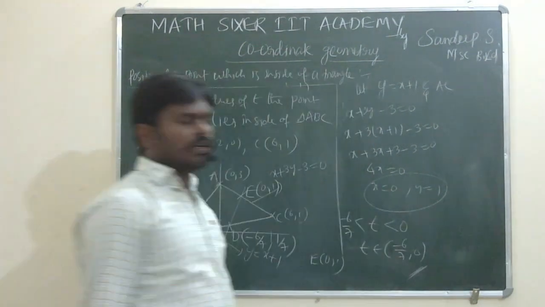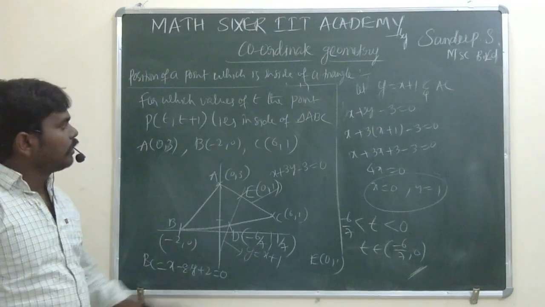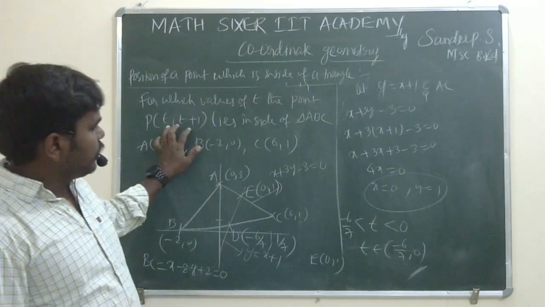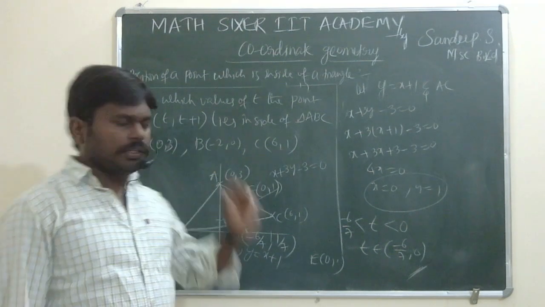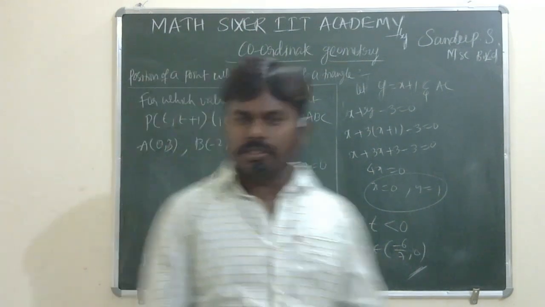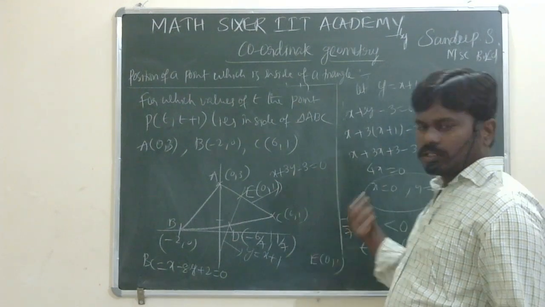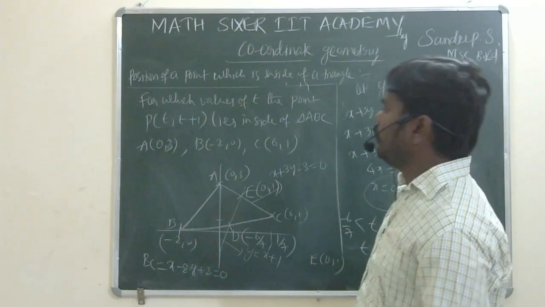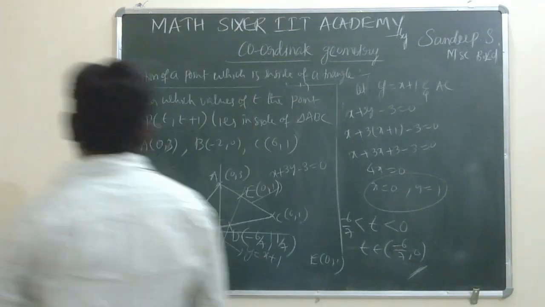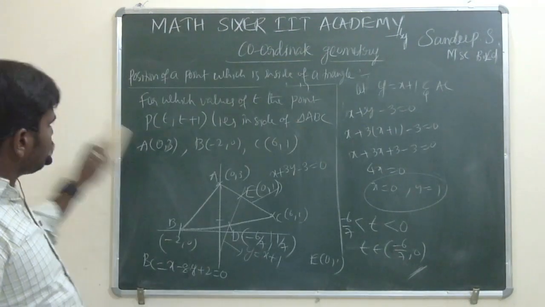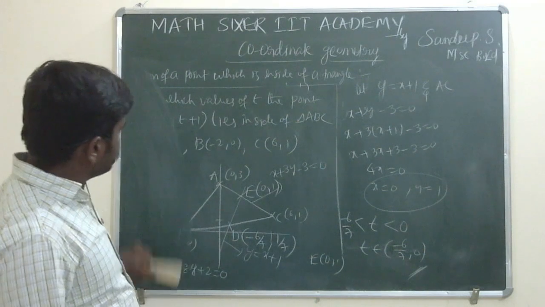For all these values of t, this point P is inside the triangle. So this is only a shortcut method. Of course, if you solve by the direct method, it takes more time than this. Hope you all understood. So next we will move on to the next concept.